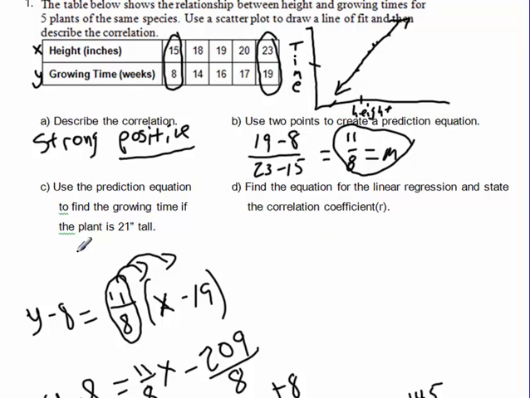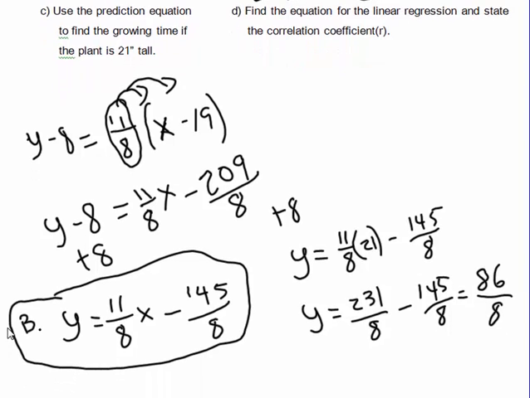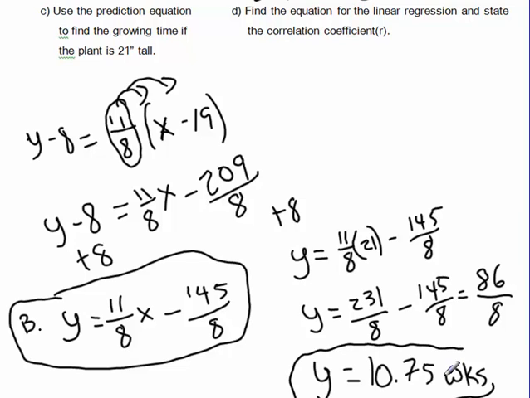But my answer would be y equals, it's 3/4, right? 10.75 weeks. So here's my answer to C. Even though it doesn't make a lot of sense in the context of the data, right?